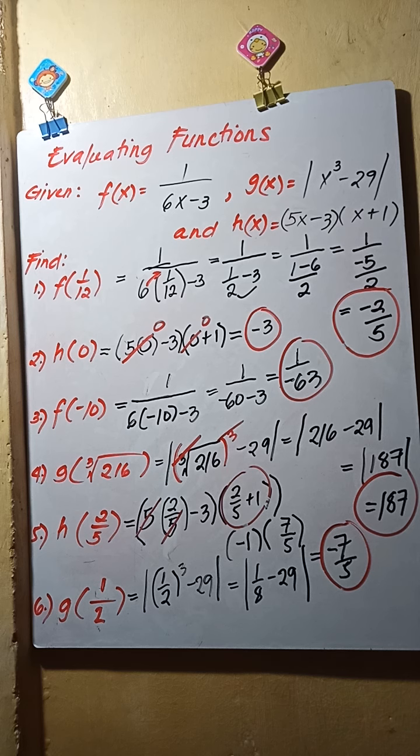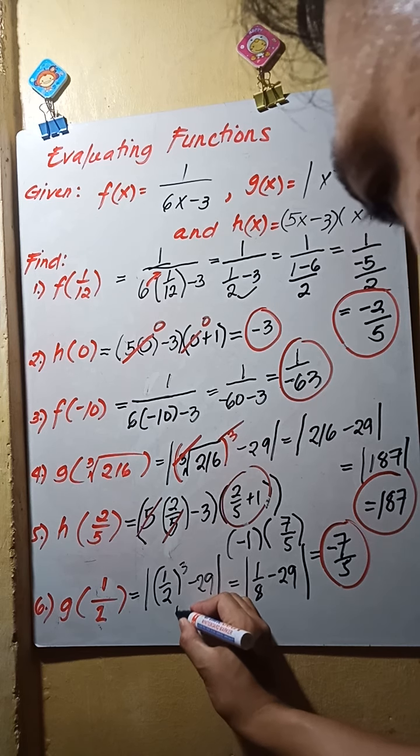Now what we will do is multiply 8 by 29, to combine 1 over 8 minus 29. Again, we rewrite the absolute value.